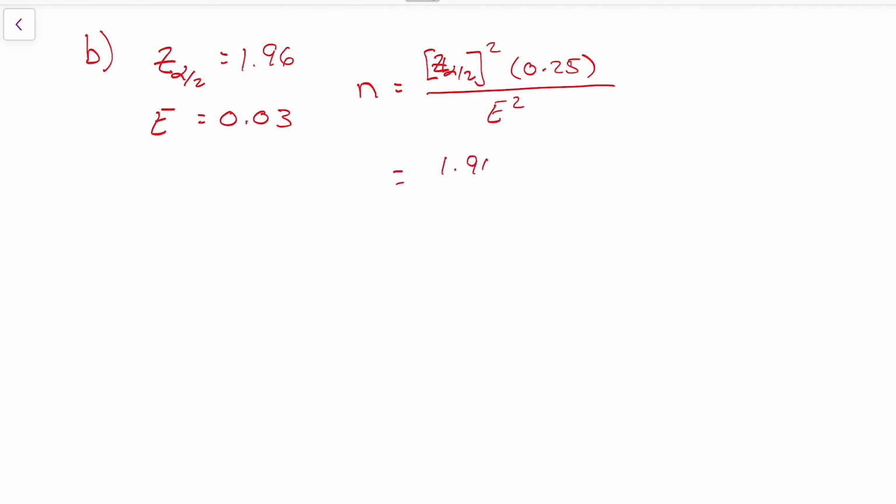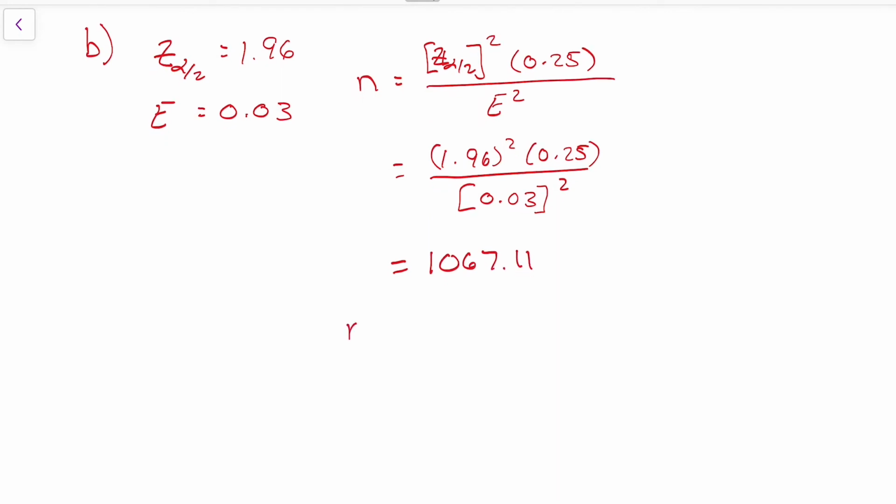I'll get 1.96 squared times 0.25, all divided by 0.03 squared. If I compute that, I'll get 1067.11. And again, I can't have 0.11 people surveyed, so I automatically round that up to 1068. That is the sample I would need if I have no information about a point estimate.